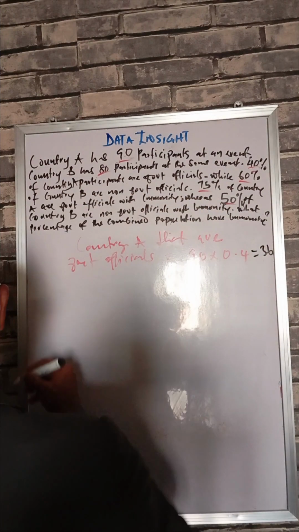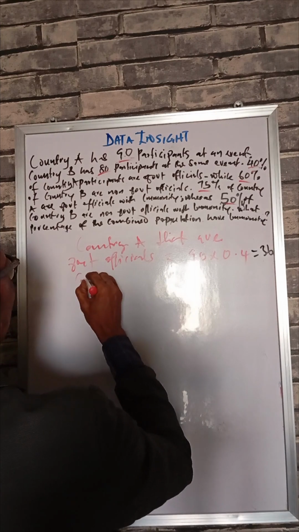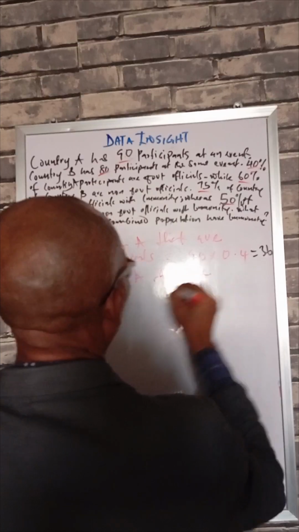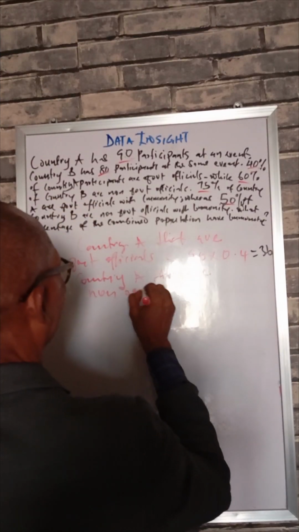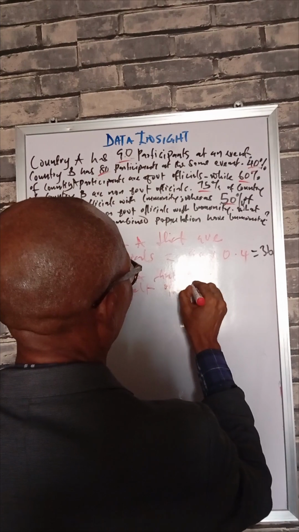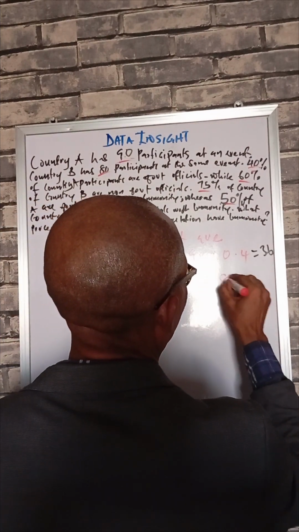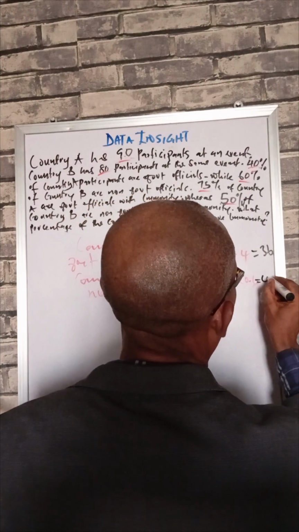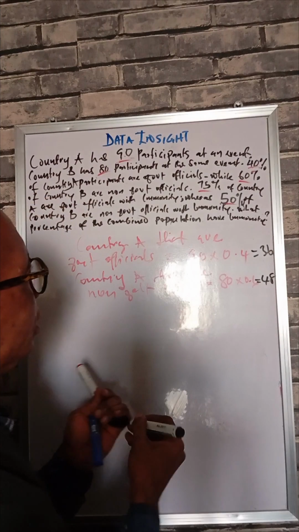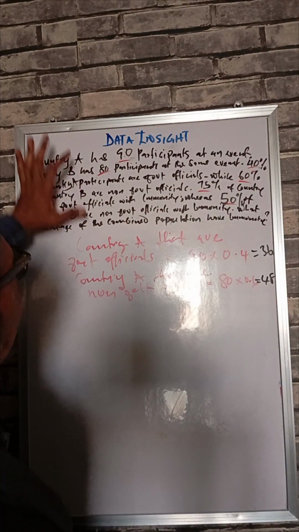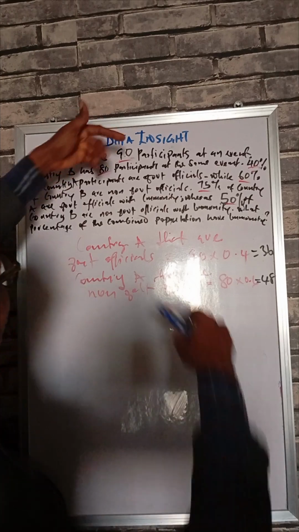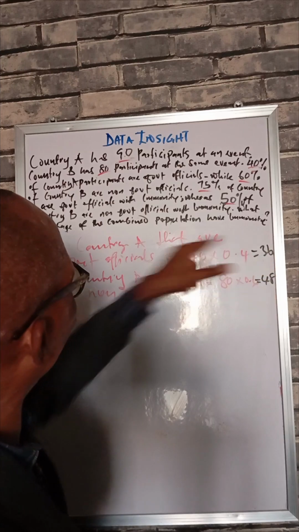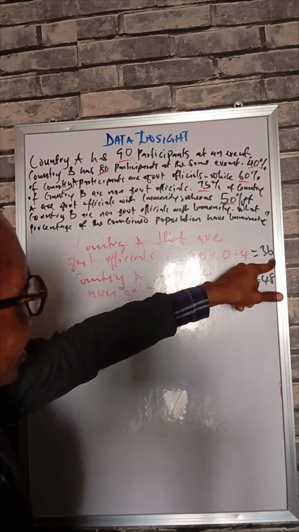Also, we move ahead to say country B that are non-government officials equals 80 times 0.6. This gives us 48. You see, we are taking it one step at a time. So we have found 40% of this, because 40% of this number that attended the event are government officials. So this country A that are government officials is 36.